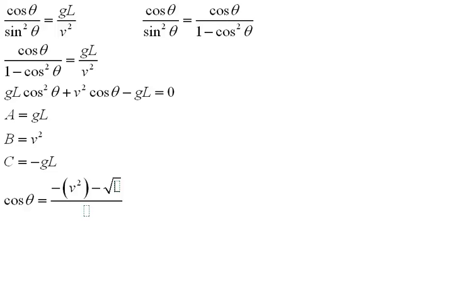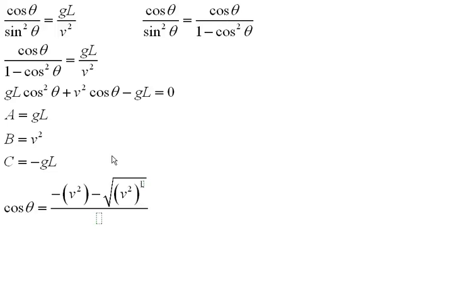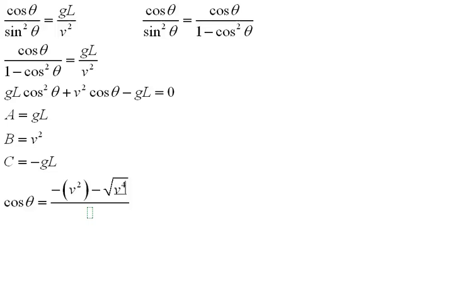B is V squared, and then again we square that, which we can simplify to V to the fourth. Minus 4 times A, and A is GL, times C, and C is negative GL, all over 2 times A, which is G times L.